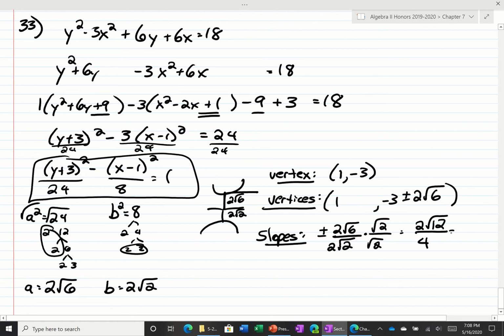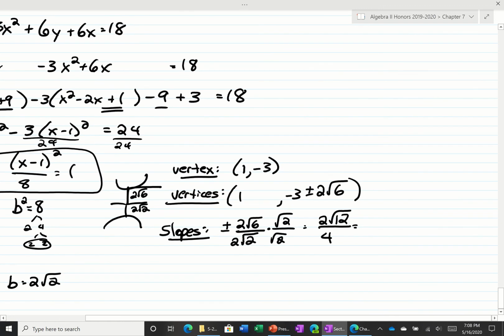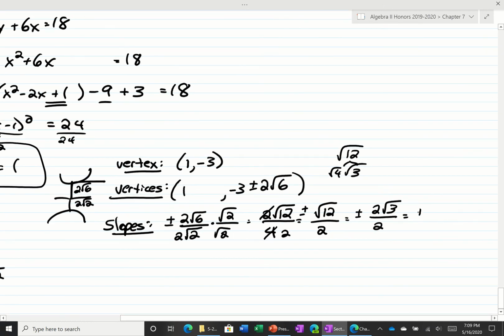We could cancel a factor here. 2 cancels out with this 4. We get the square root of 12 over 2, plus or minus, of course. Now the square root of 12 is 4 and 3. Square root of 4 is 2. So we get that this is really plus or minus 2 root 3 over 2, or just simply plus or minus root 3 would be the slope of the asymptotes.